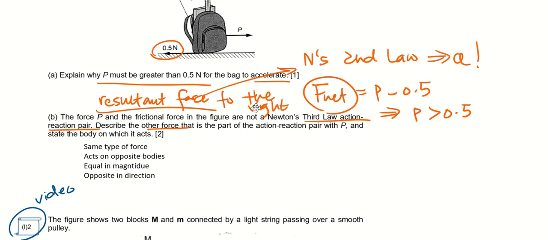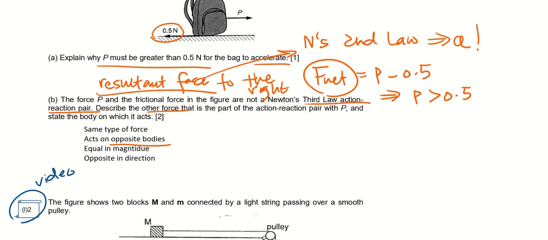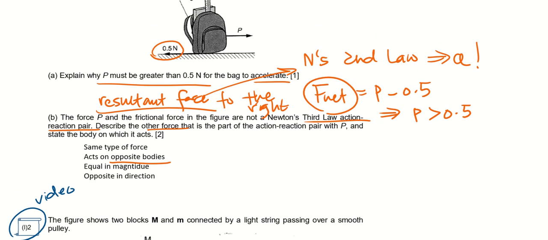They must be the same type of force, and act on opposite bodies. So this one will tell us why P and frictional force are not a Newton's third law action-reaction pair. They must be equal in magnitude and opposite in direction.